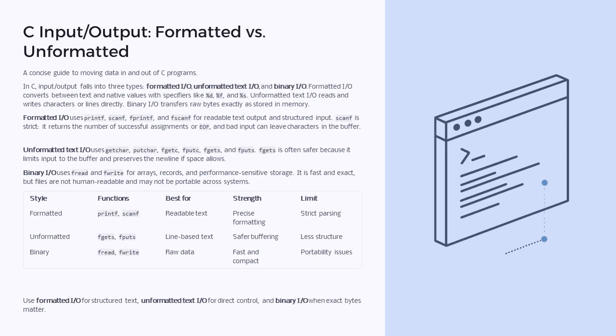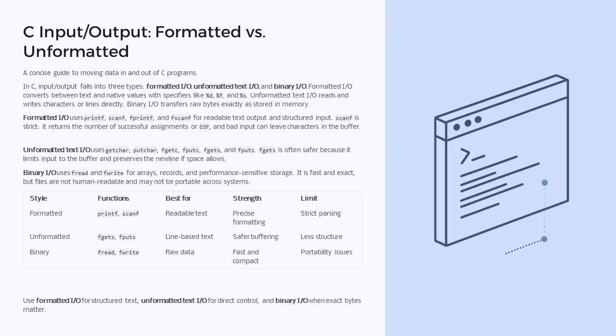In C, input-output falls into three types: formatted I/O, unformatted I/O and binary I/O. Formatted I/O converts between text and native values with specifiers like %d, %f and %s.